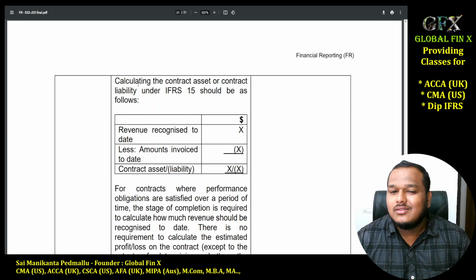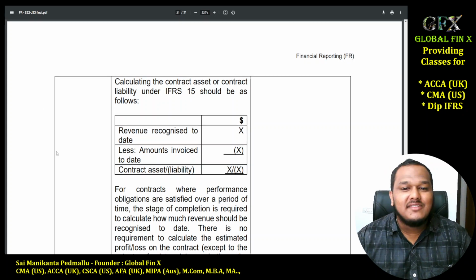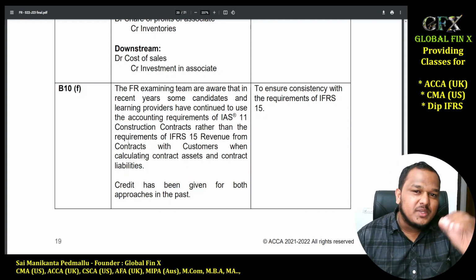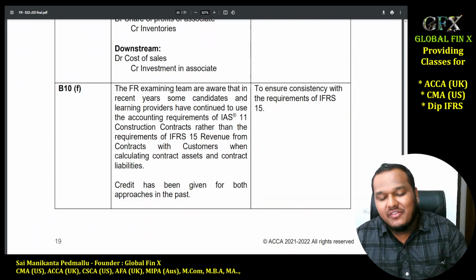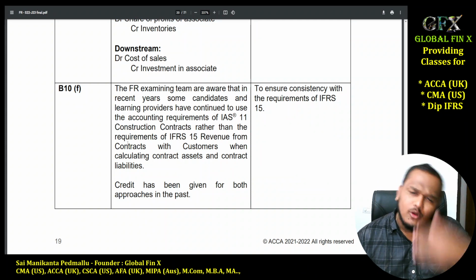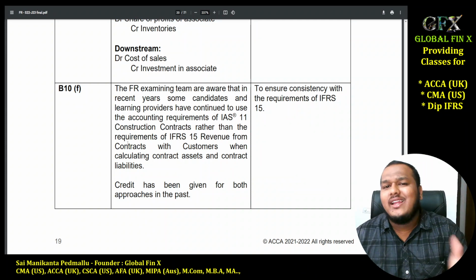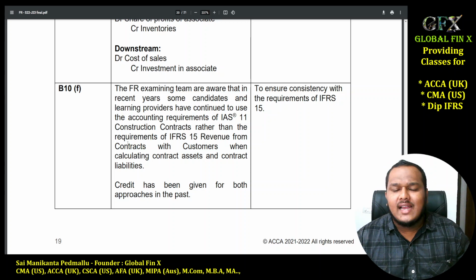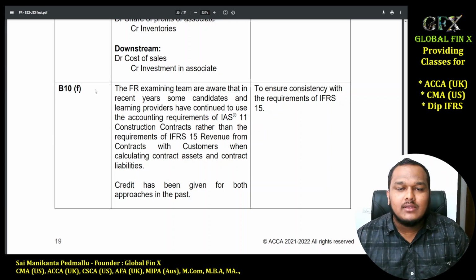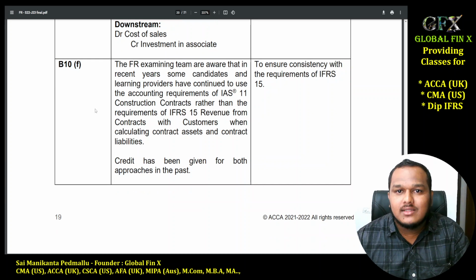I don't know why the ACCA team was doing this in the first case. When they specifically told you that IFRS 15 revenue from contracts with customers is tested, you should learn only IFRS 15. Why would anybody learn the older IAS 11 standard and then give the answers as per the old standard and then expect marks? ACCA shouldn't have been giving these marks earlier itself.